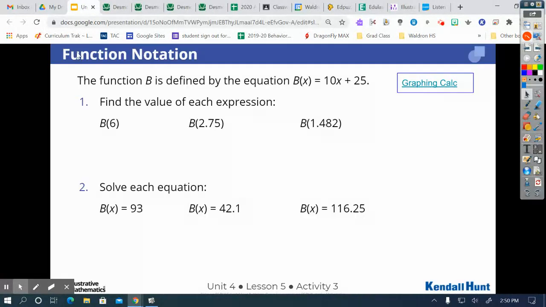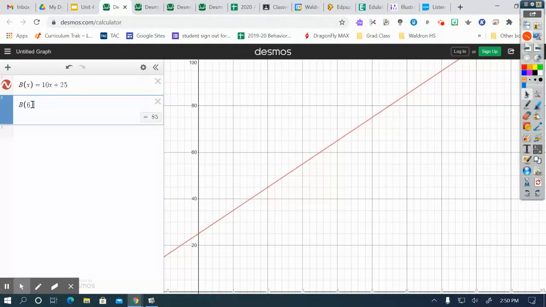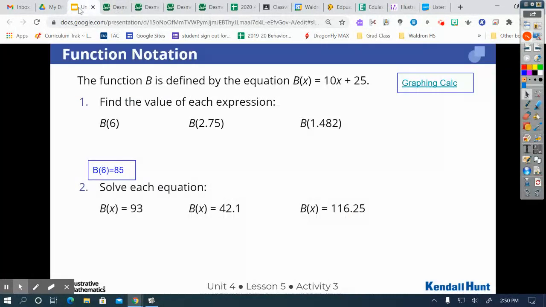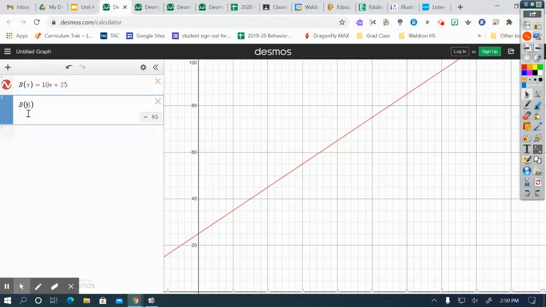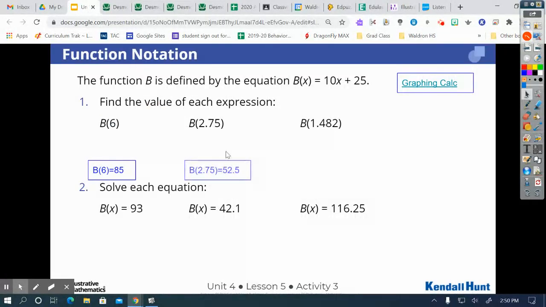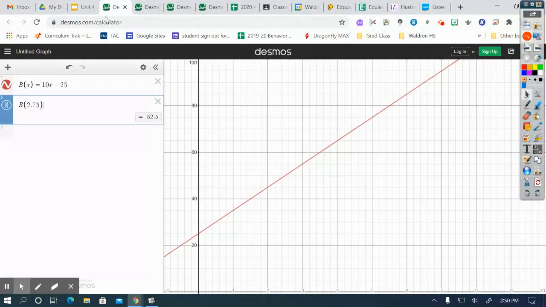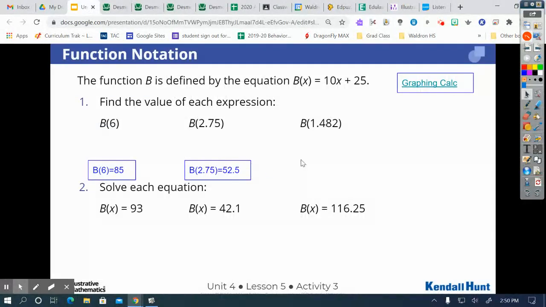If I wanted to know b of 2.75, I could type that in, and it tells me that it's 52.5. And then 1.482 will also tell me it's 39.82.